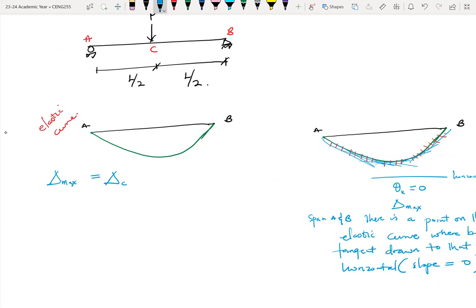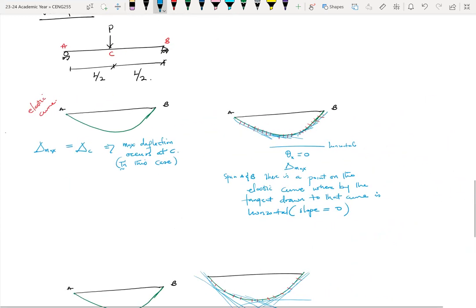So maximum deflection occurs at C. Okay. In this case, please. It's not always the case, please. So that you know, use that information everywhere you go.